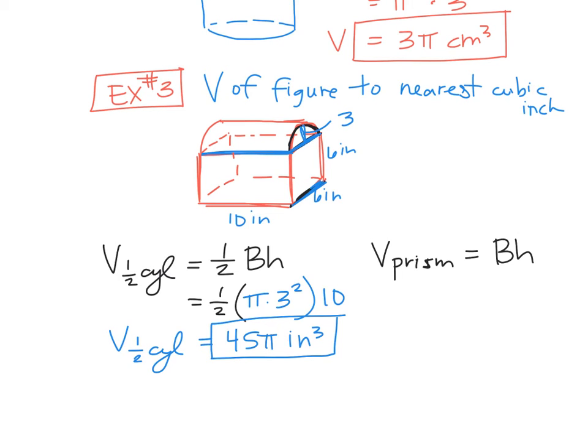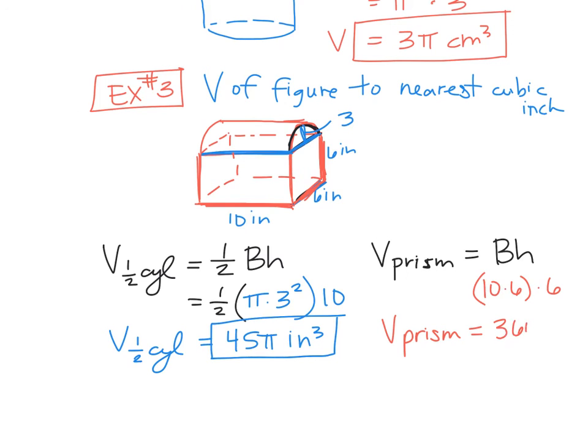So 10 times 6, right, would be the area of our base. And then what's the height of that prism? That's the 6 here. Okay, so 10, 6, and 6, right? Length times width times height, if you like to think of it that way.